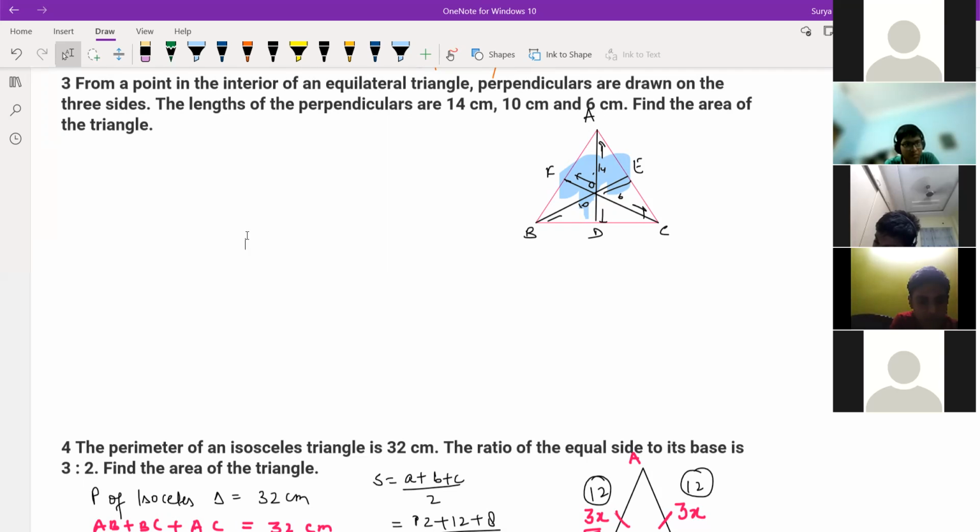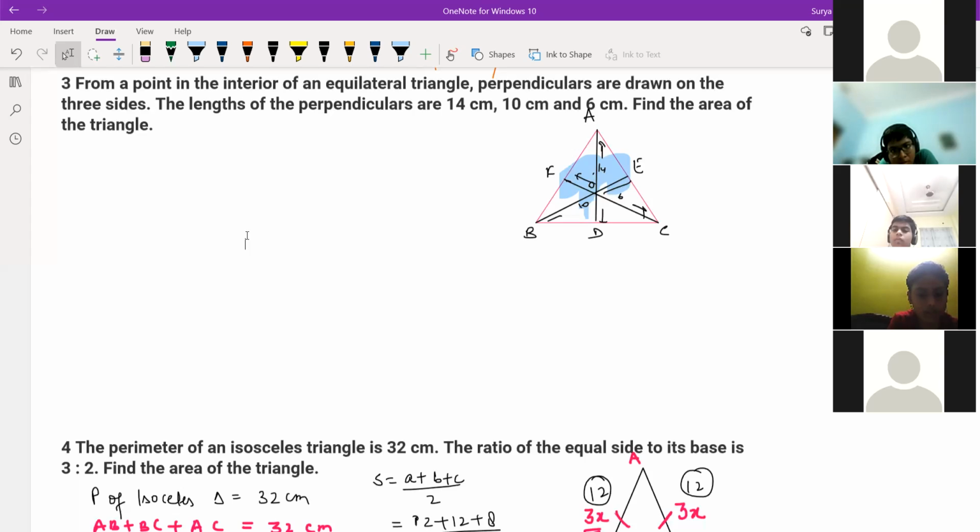Pulastya, can you do this question? Okay, I'll do it. From a point in the interior of an equilateral triangle, perpendiculars are drawn on the three sides. Perpendicular is drawn, Satvik, from A also, B also, and C also. Okay. So the perpendicular drawn is what we call, which triangle is this?